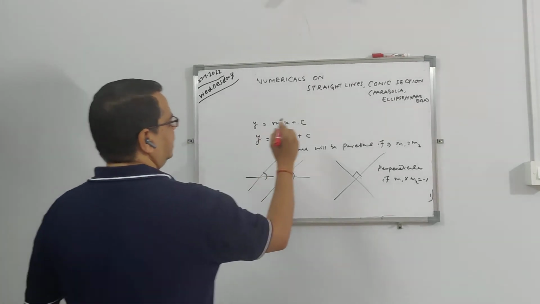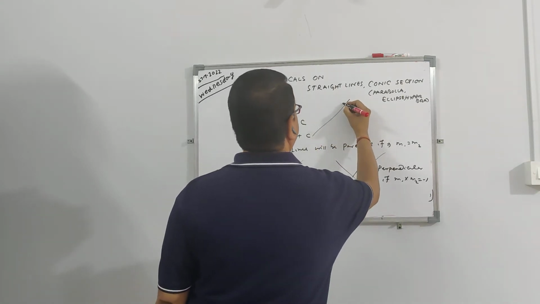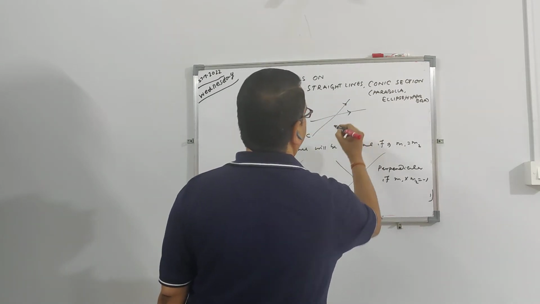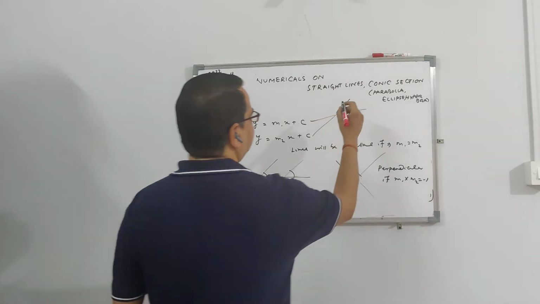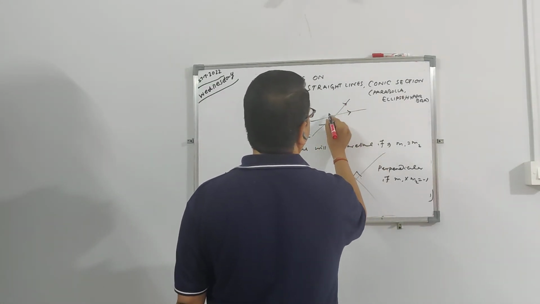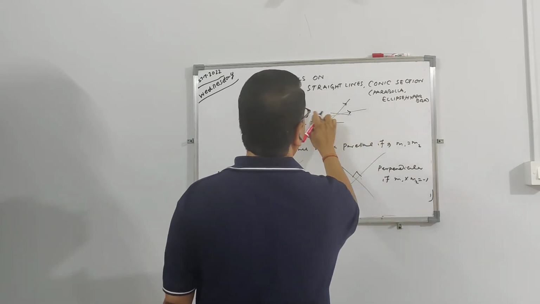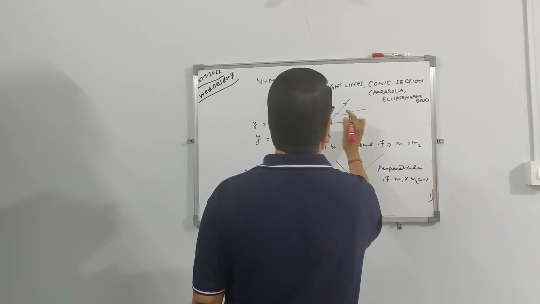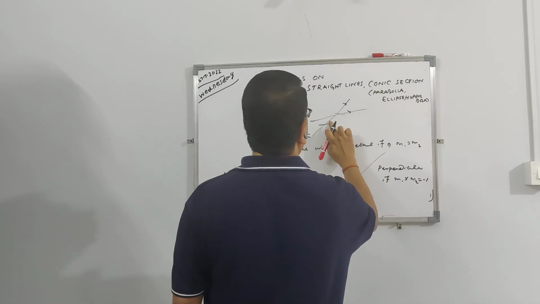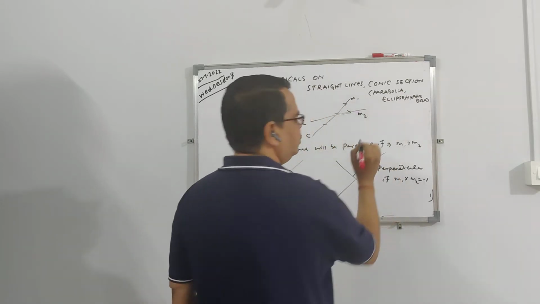And then there is a general equation. Suppose you have two lines, this is one line and you have another line. Let us say m1 is the slope of this line and m2 is the slope of this line.